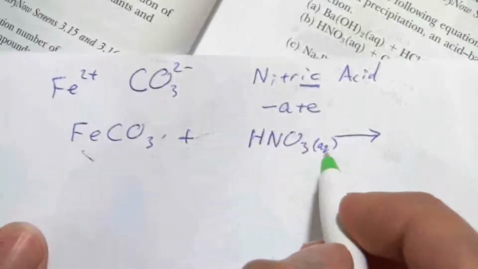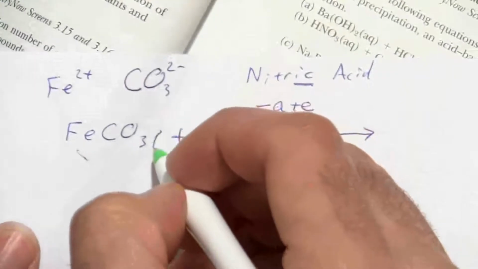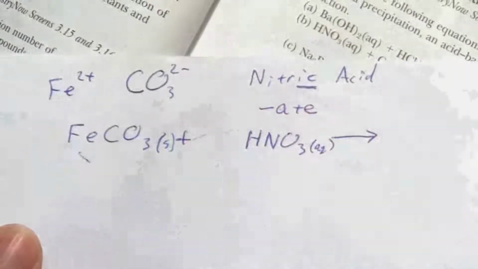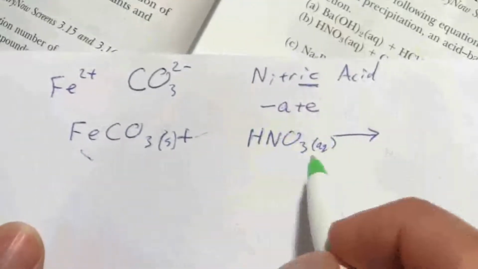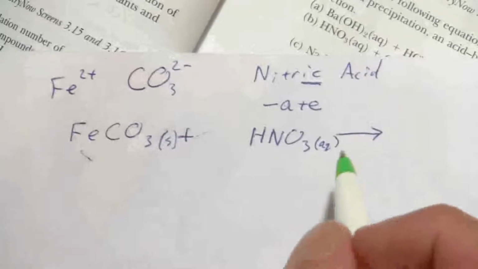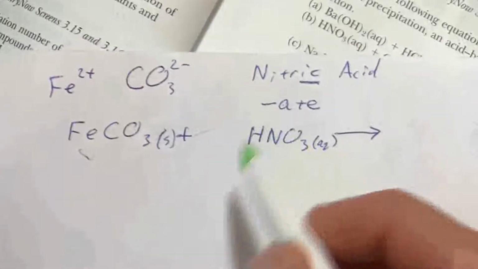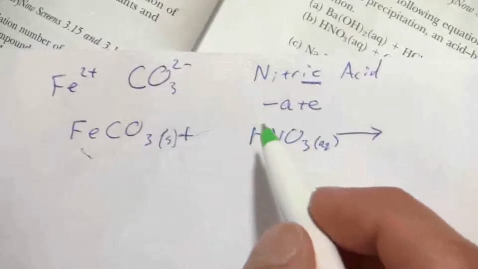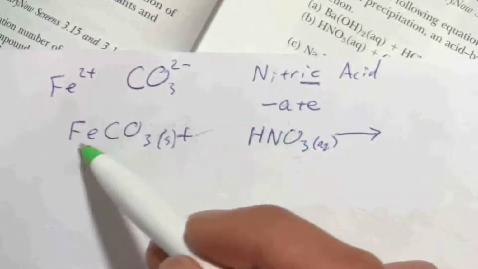And this is a mineral, by the way, according to the question, so I would put a solid there. It's a solid mineral. I'm reacting that with an acid, which is in water. Acids are always in water, at least almost always.